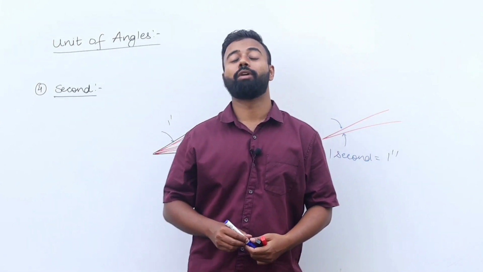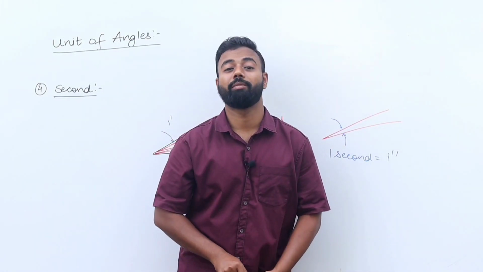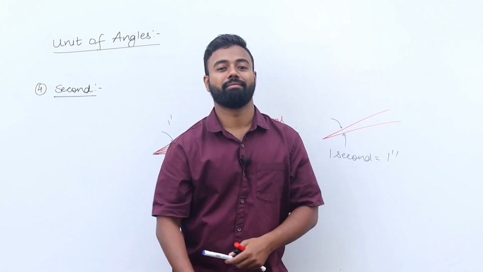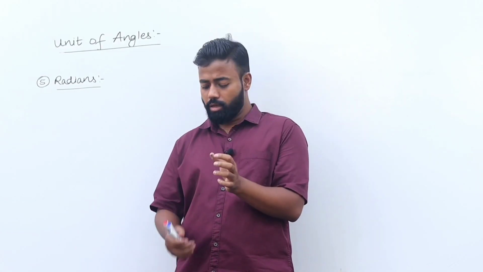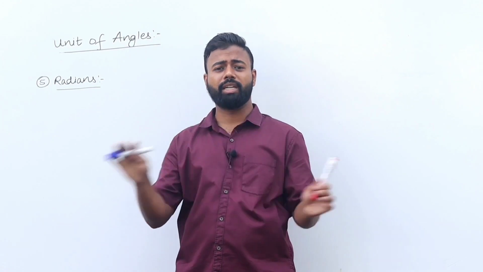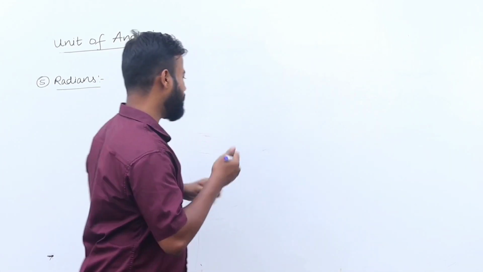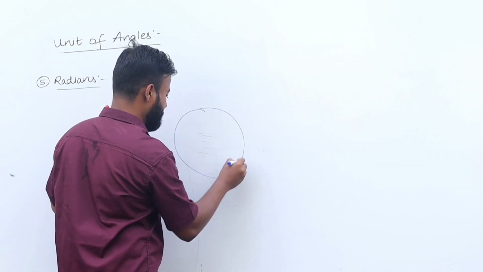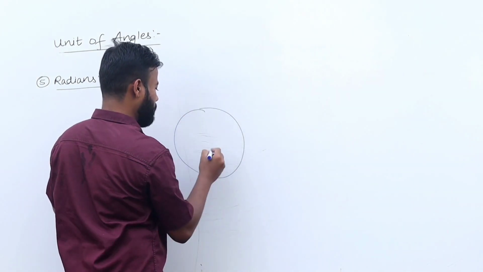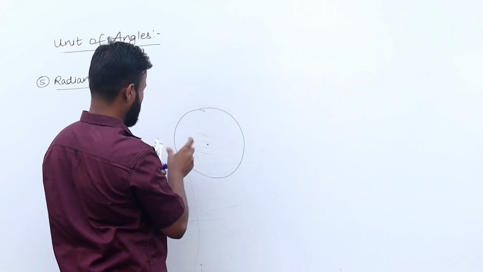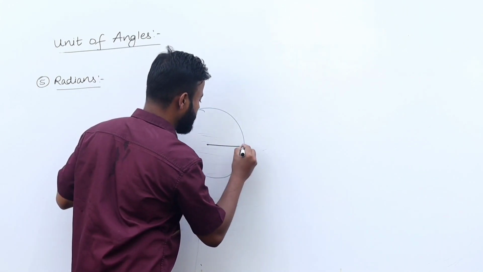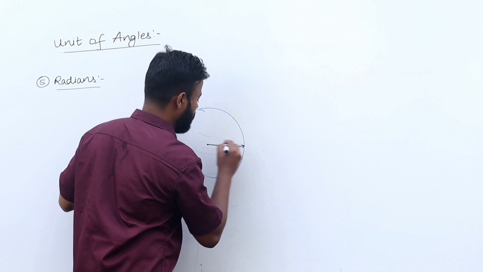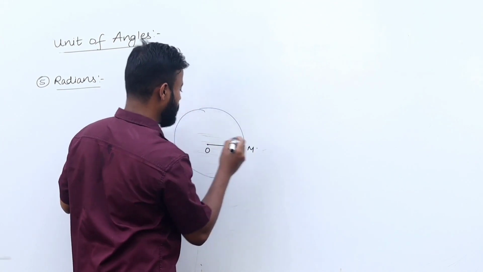Now let's move on to the very important unit of angle measurement, that is radian. Let's see what radian is. For this, the definition is pretty simple. What you need to do is make a circle of unit radius. And now suppose this was the initial direction of ray OM.